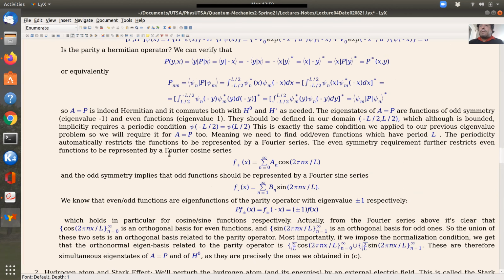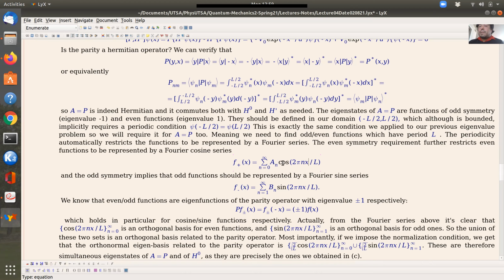If you have not seen what a Fourier cosine series is, it is this, meaning that you can only use cosine functions in the representation because this is an even function. And if you need a Fourier representation of an odd function, it has to be only by means of sine functions. Now we're actually using the parity operator in a way. We're restricting the symmetries that the eigenfunctions of the parity operator must have, either even or odd.